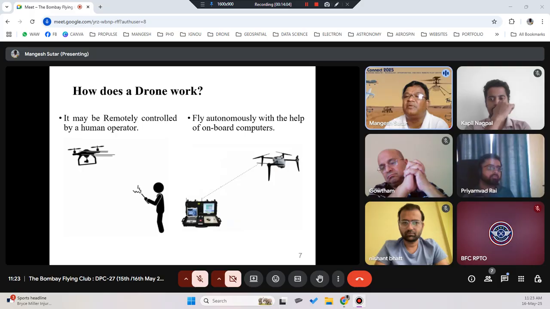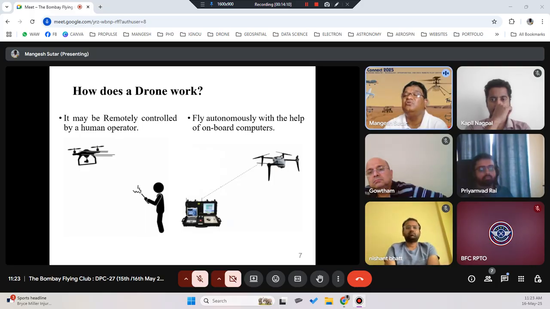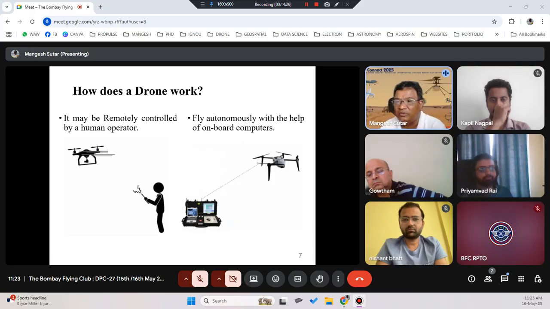Okay, so model RPAS is limited to a certain weight, and the last criterion is that model RPAS can only be used for VLOS. So the aero modeling जो हम लोग करते हैं, we see that aeroplane is always with your eyes, then only you are able to fly it. Beyond your capability you cannot fly them. Okay, it's not like the commercial airplane you are flying autonomously. So model aeroplanes you are only flying within your visual range of sight.